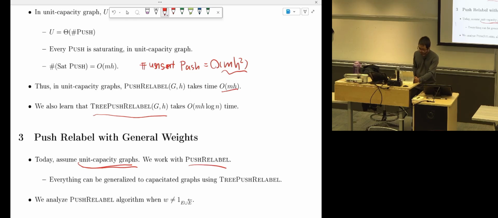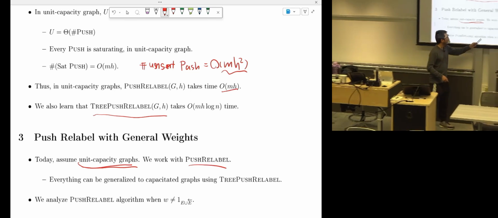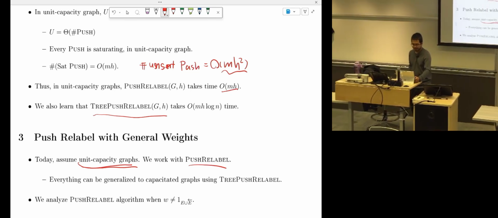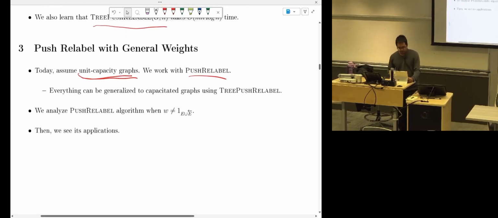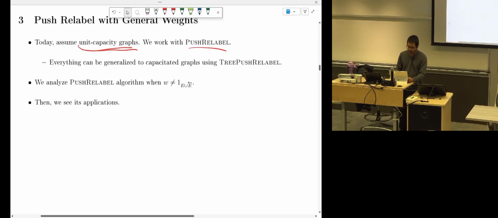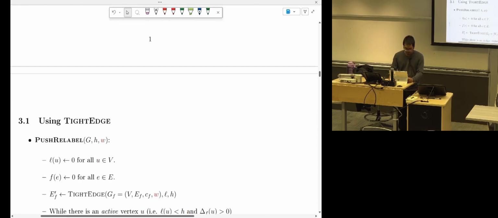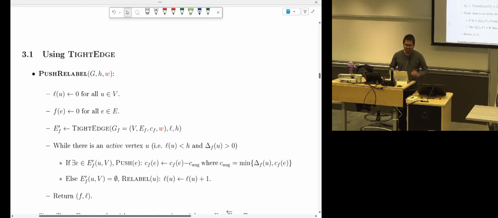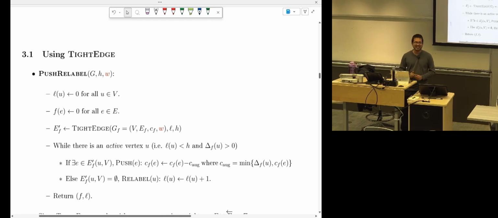What we're going to do is analyze push-relabel when the weight is not all 1. And then we'll see the good applications that I listed in the beginning. So let's consider the same algorithm here. It's exactly the same.